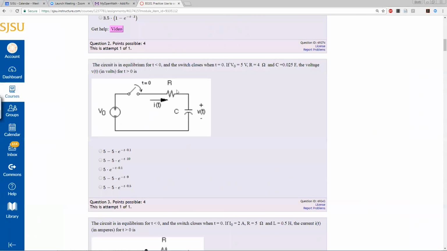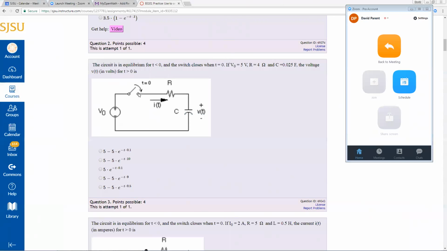Do you mean this one right here? Where's your chat? In my mind, this switch closing is like a step response, so you're forcing a voltage. Is that the one you mean?